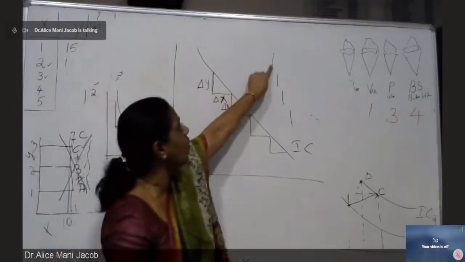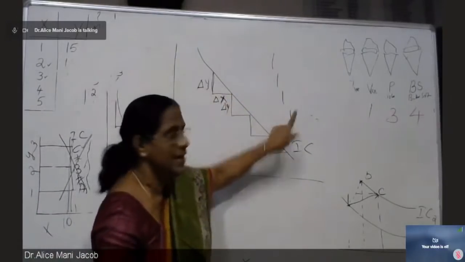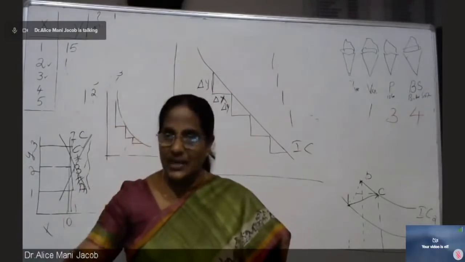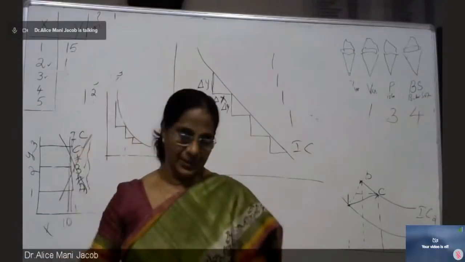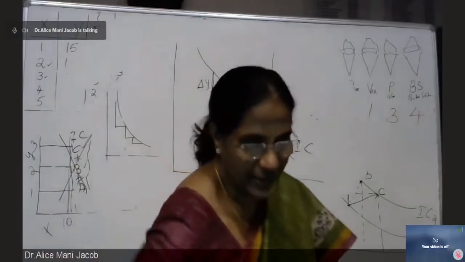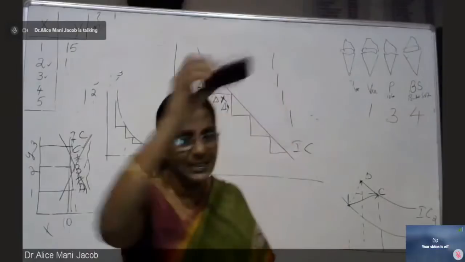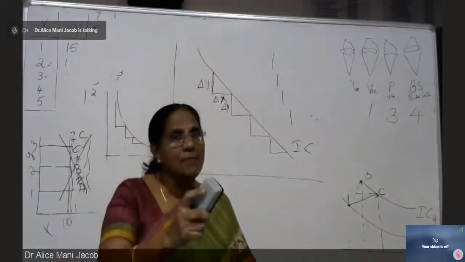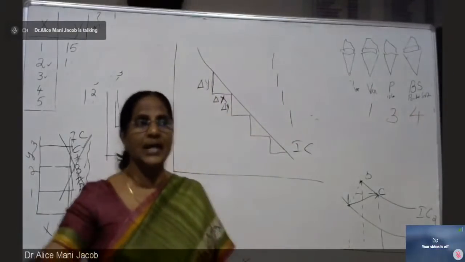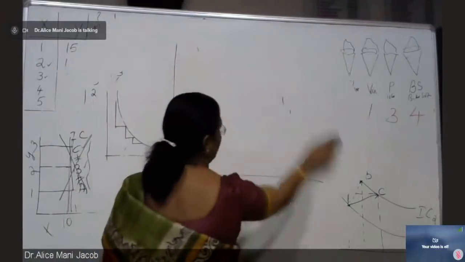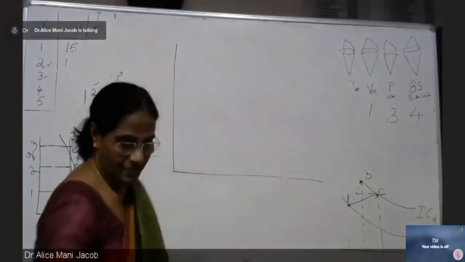The delta y, what you give up, remains the same, and that gives you a straight line indifference curve. Okay, an indifference curve which is a straight line. Definitely falling, negative slope, because you are giving up and gaining, giving up and gaining. The slope should be negative, but it is not convex to the origin.